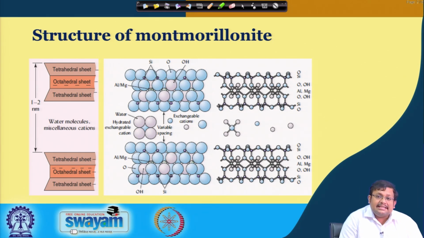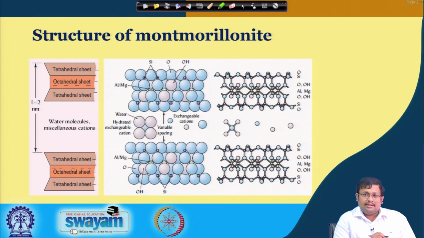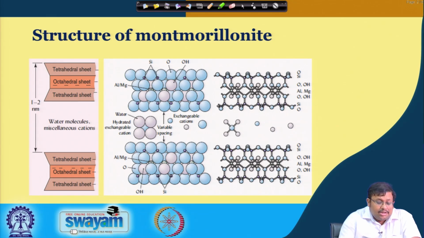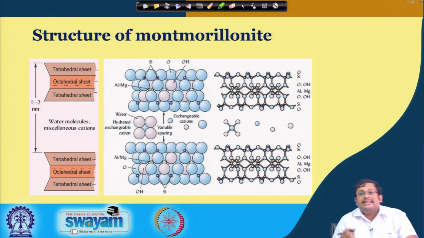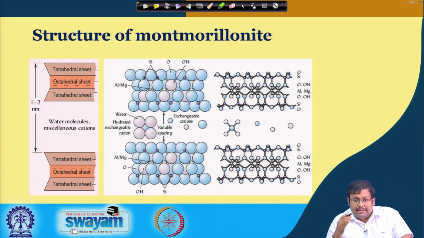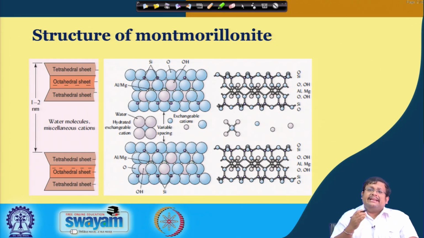Remember, the d axis spacing is 1 to 2 nanometer. It is a highly expanding type of mineral. Now, what is the d axis spacing? D axis spacing is basically the distance between two repeating layers of atoms.